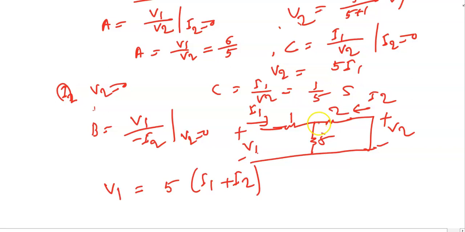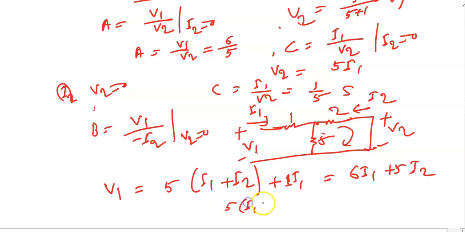So 5 I1 plus I2, and 1 is the I1, so it will be 6 I1 plus 5 I2. By writing an equation here, we have 5 I1 plus I2 plus 2 I2 equal to 0.